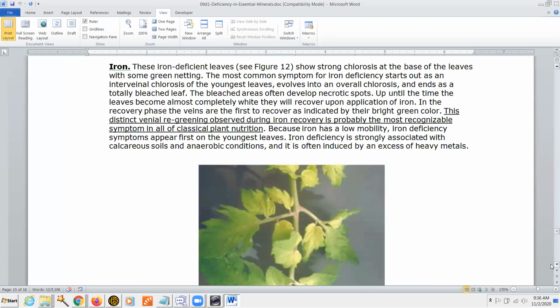Iron causes a chlorosis, and it's because iron is necessary in the manufacture of chlorophyll. Even though nitrogen is the primary thing people think of with chlorosis, what's at the center of a chlorophyll molecule? Magnesium.